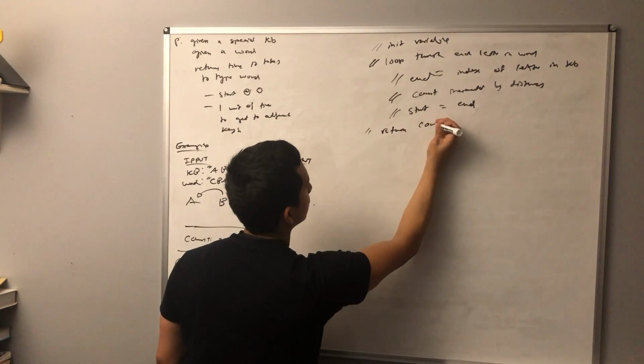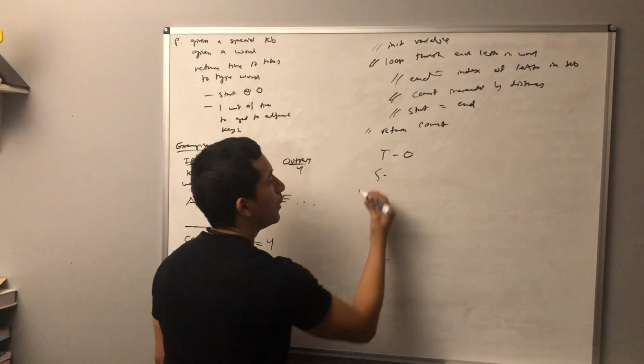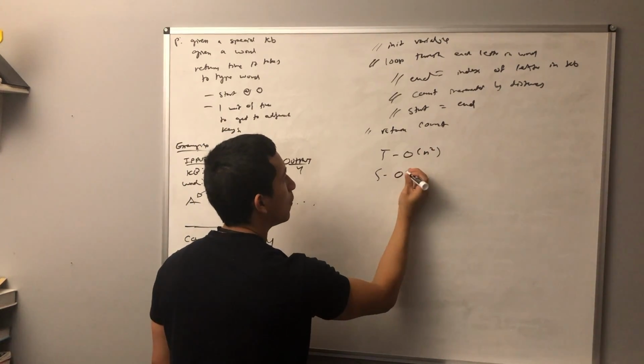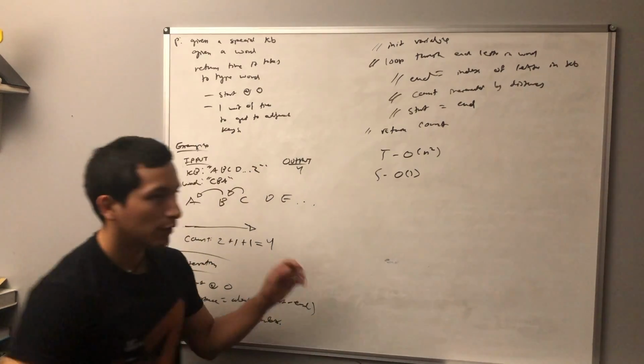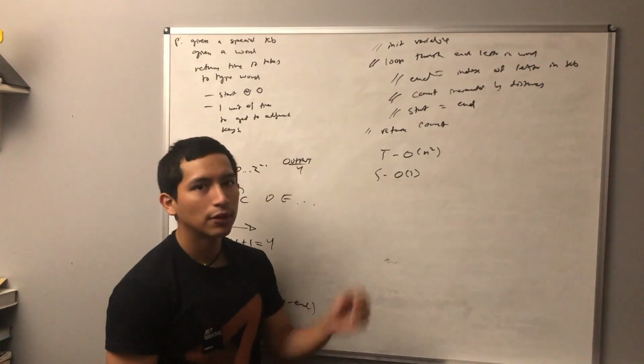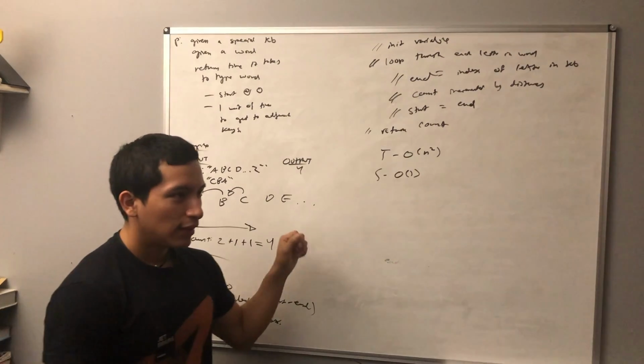Return count. So a quick time and space complexity of this algorithm. Time would be O of n squared, and space is going to be O of 1, constant. The space is fine, but the thing that's really a bottleneck for our algorithm is the n squared time, because it's very slow.